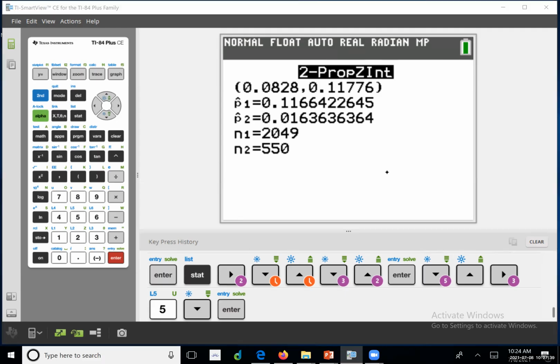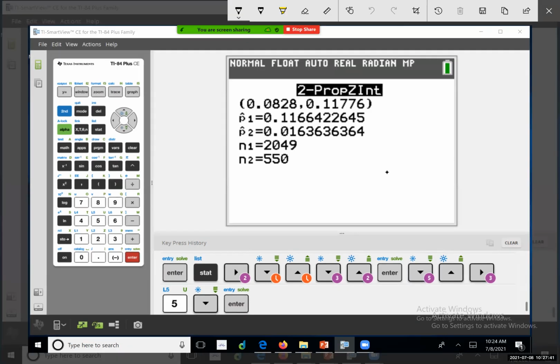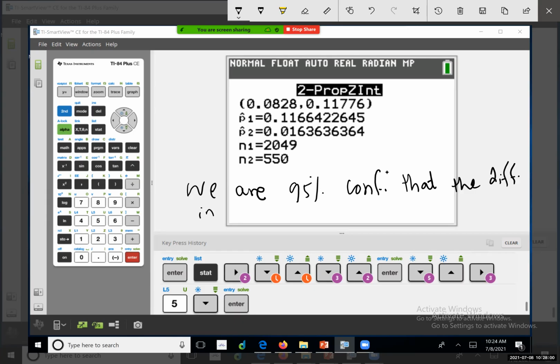The interval, so you would say we are 95% confident that the difference in population proportion of illegal plates or illegal cars.